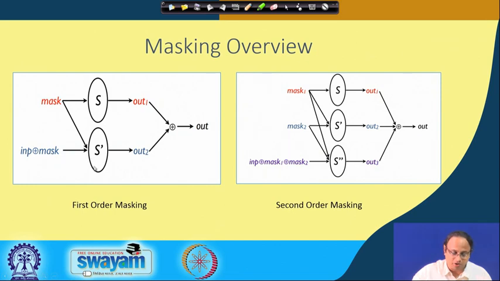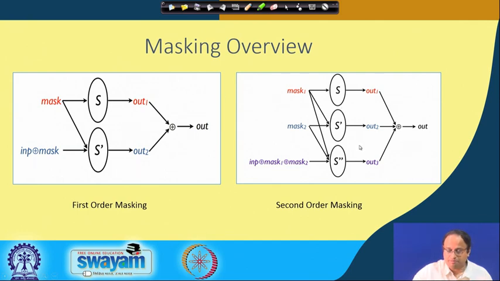The other part of the circuit, S dash, processes on the masked data, where the input is XORed with the mask, and gives you the output out2. Note that if you combine out1 and out2, you should be able to get the out. S dash processes on the mask as well as on the input XORed with the mask, whereas the part S processes only on the mask value.